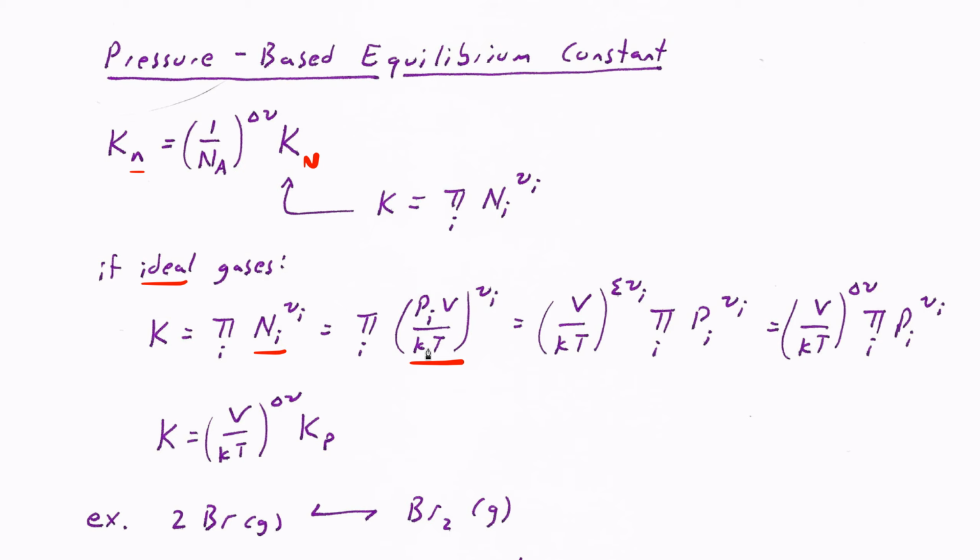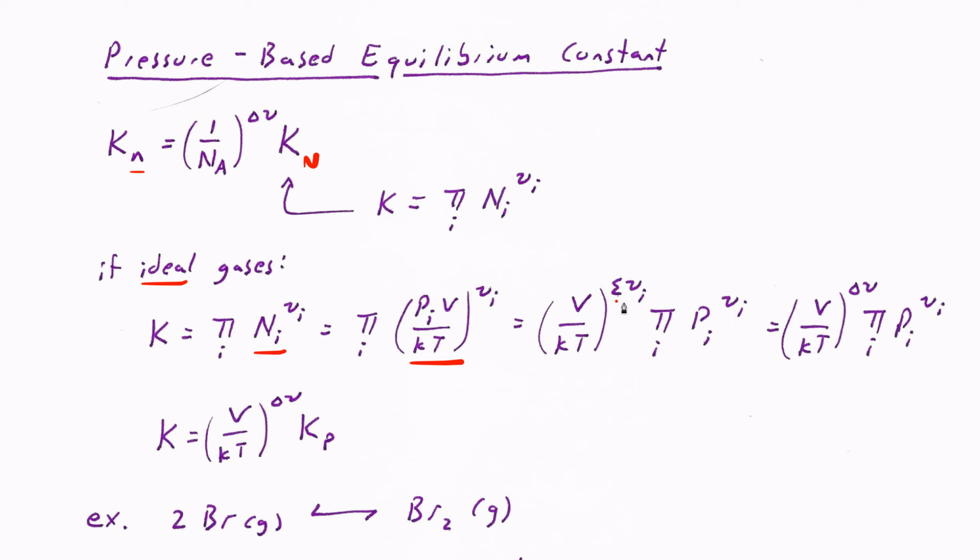The only one of these four terms that depends on the species is the partial pressure. The pressure of each gas may be different, but they're all occupying the same volume, they're all at the same temperature, and Boltzmann's constant is always the same. So if I take those V over KT terms and move them outside of the product, I get V over KT raised to a bunch of stoichiometric coefficients multiplied by the product of all the partial pressures raised to their stoichiometric coefficients.